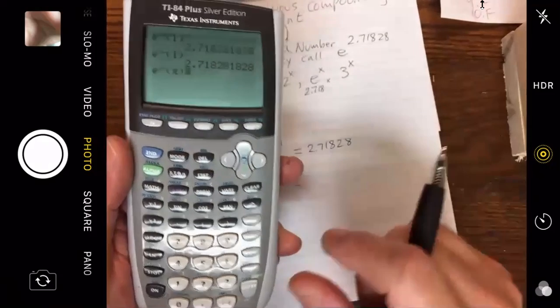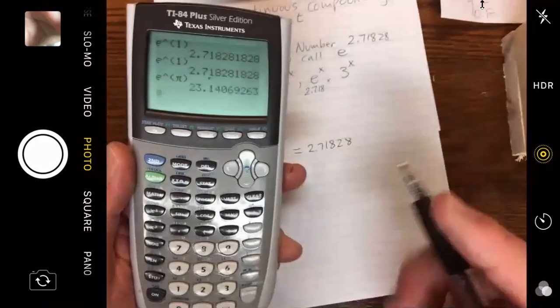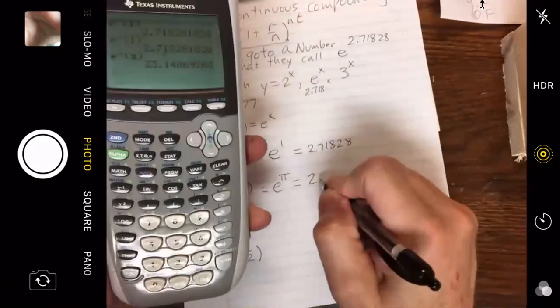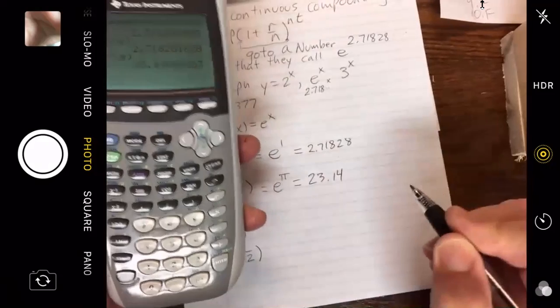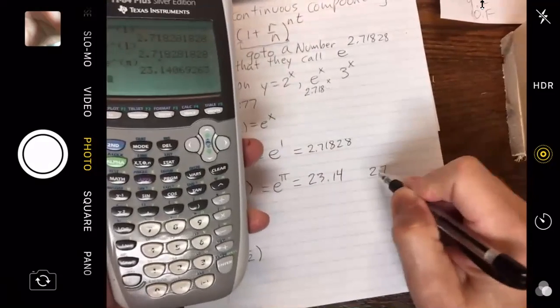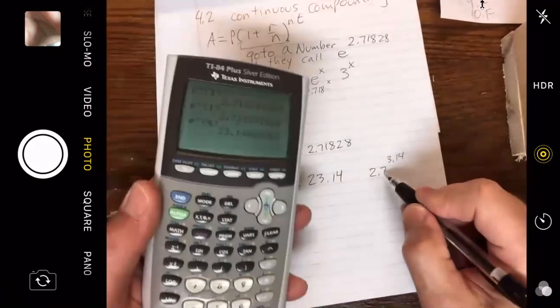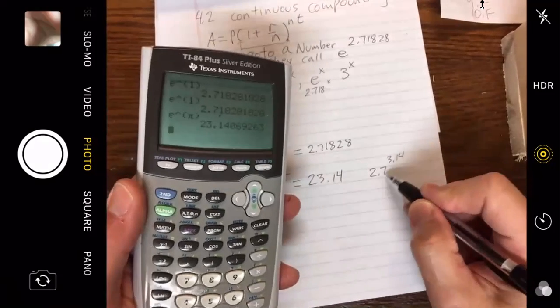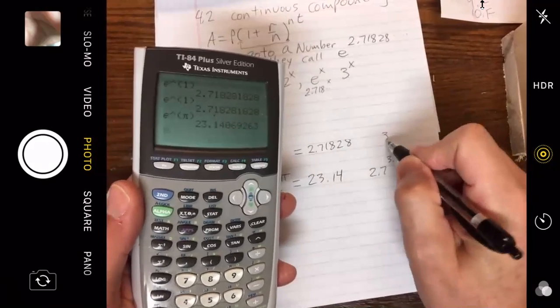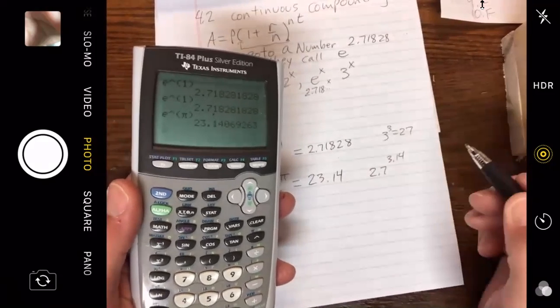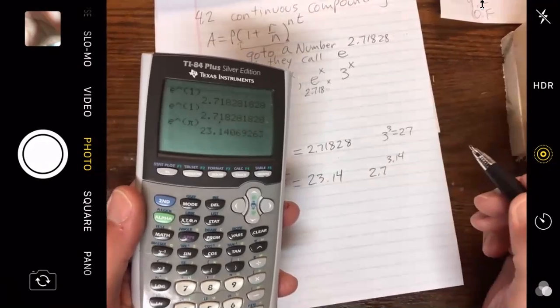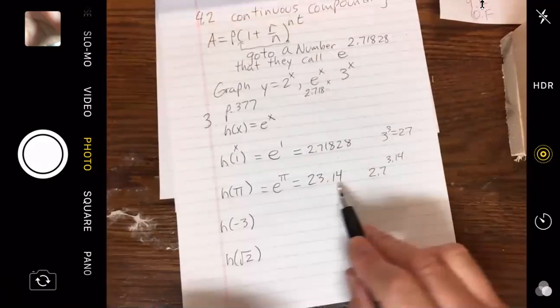They both got their own keys. 23.14. In effect, you're taking 2.7 close to 3, raising it to the 3.14. So you're not quite 3, and you're a little over 3, so you're just short of 20. Notice if you had 3 to the 3, you'd be at 27. But you're just short of 3, and you're a little over 3 there, so it ends up at 23.